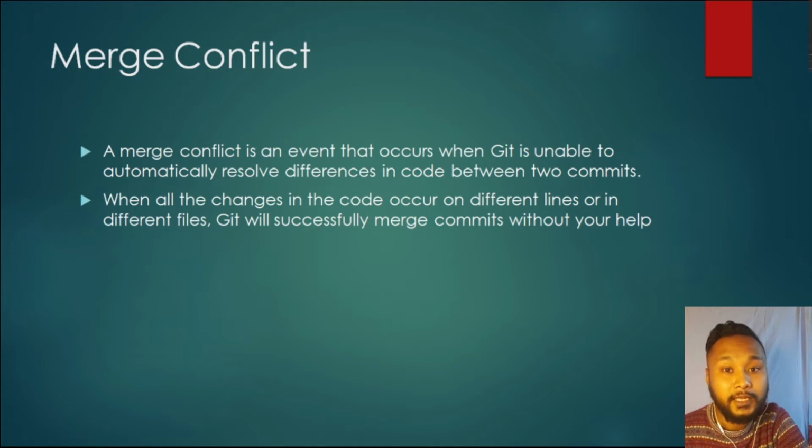While merging, we'll get an error message that the same file has contents that do not match each other, and we'll try to solve it. When all the changes occur on different lines or in different files, Git will successfully merge commits without your help.